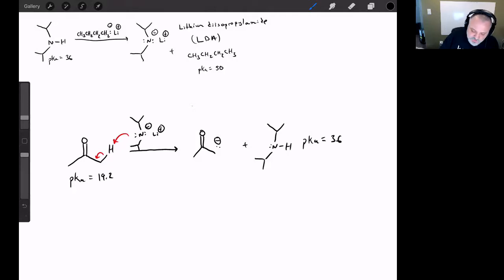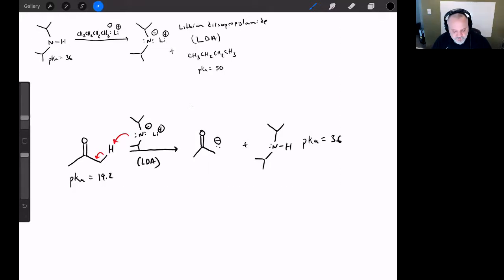And so the equilibrium in this case favors the formation of the enolate. So there's two ways to irreversibly form enolates. We can take a look at enolate formation through removing one of the products like H2 gas, or more commonly, we can use LDA to irreversibly form enolates.